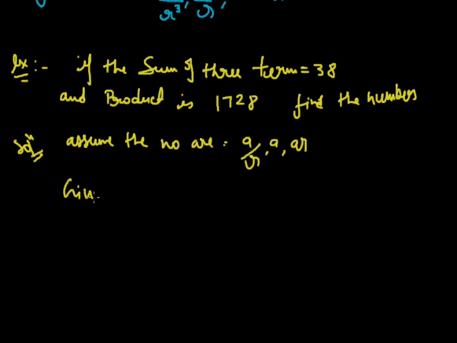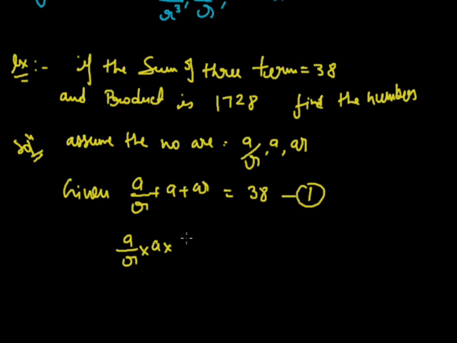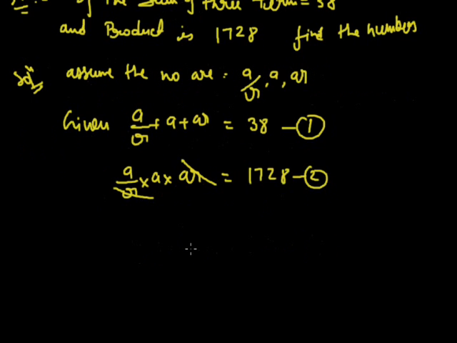Given a upon r plus a plus ar equals 38. Second is a upon r into a into ar equals 1728. Cancel out r to r, then a cube equals 1728, then a equals 12.